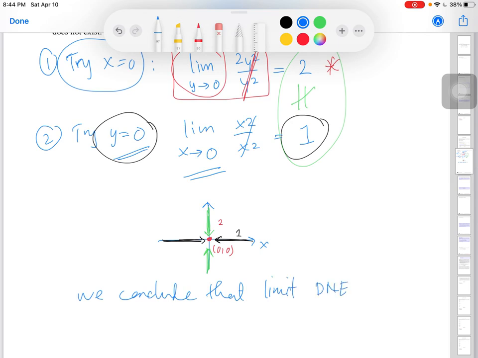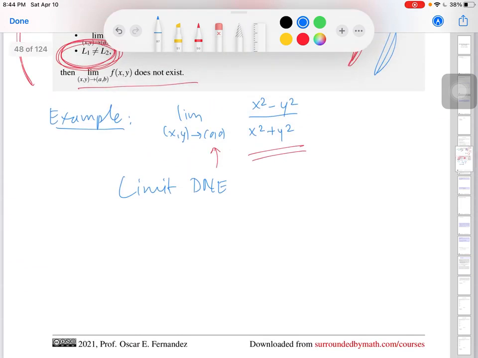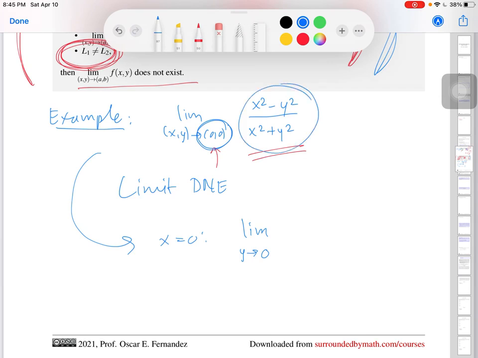Okay, and as promised, let me go back then to the example we were just working on and do the same thing here. The same approach works here. So along x equals 0, we are again approaching the origin, so we would want y to approach 0. If I try x equals 0 here, I get negative y squared over y squared. There's that -1 that we were seeing in the applet.